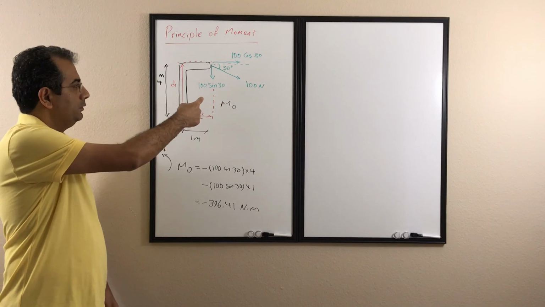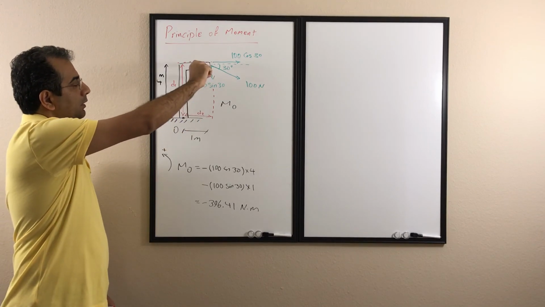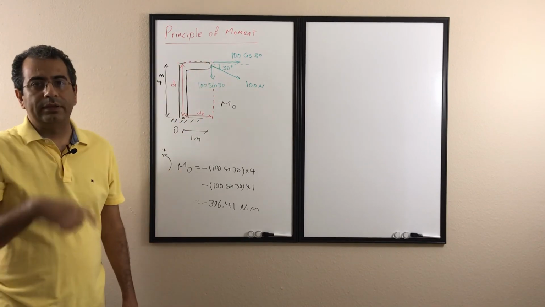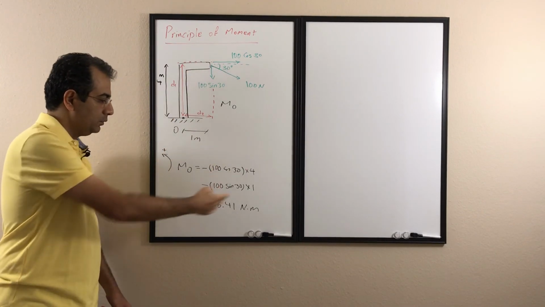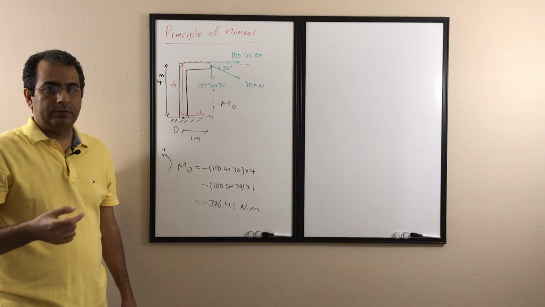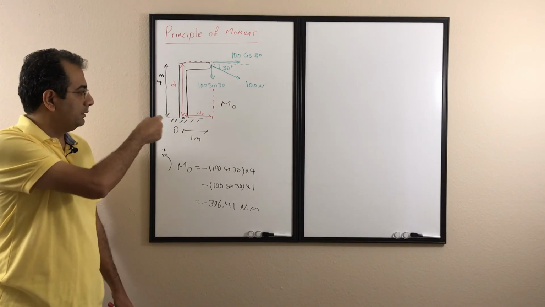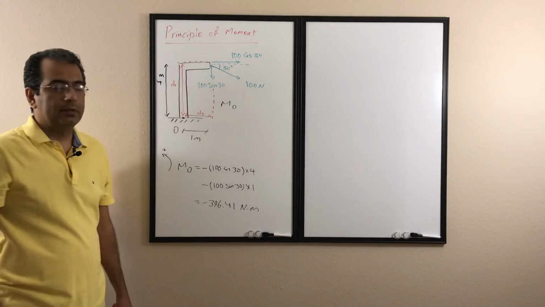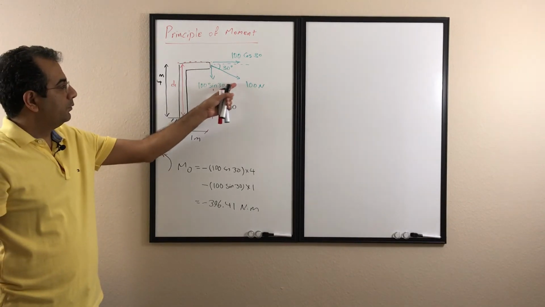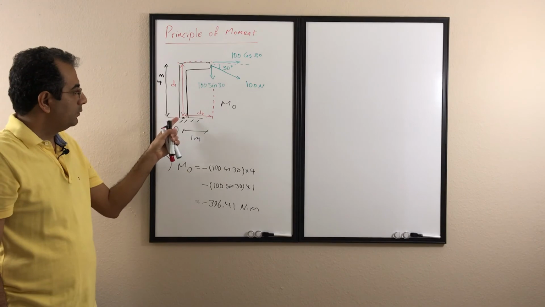You can see here, it's much easier to find the x and y components and then find the moment for each component, and at the end just add them together and get the moment of that force about any point, rather than directly calculating that force and calculating the distance from the force to that point.